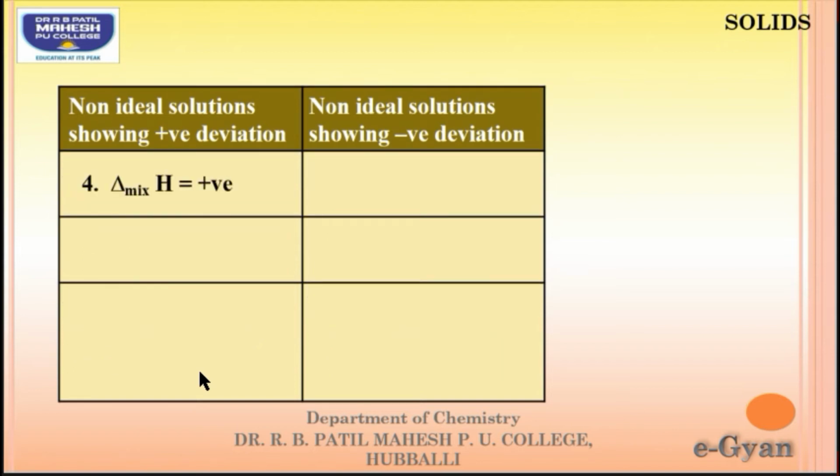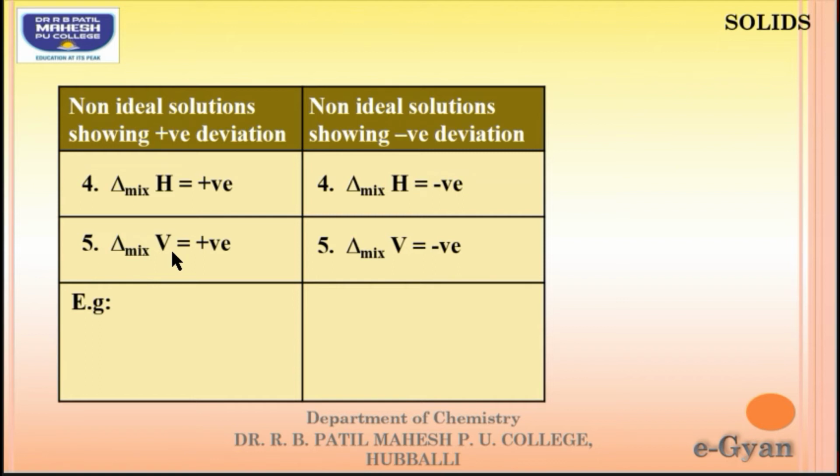Next point is that when you are mixing, the enthalpy of mixing is positive for positive deviation, whereas the enthalpy of mixing is negative for the negative deviation. Similarly, when the interaction is very less, the intermolecular distance will be more, hence the volume will increase. Whereas delta mixing V for negative deviation is negative.